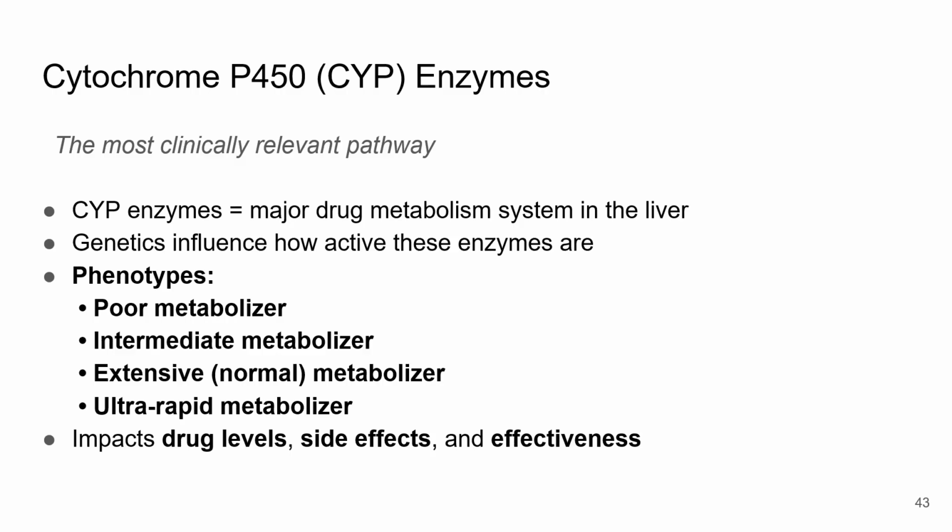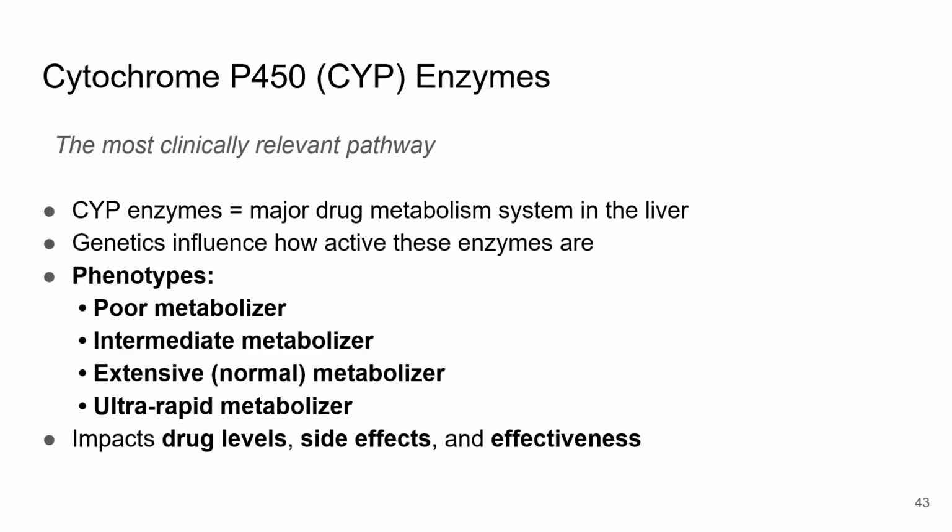A poor metabolizer has very low enzyme activity. They break down drugs slowly, which can lead to higher drug levels and increased risk of side effects or toxicity. Intermediate metabolizers have reduced activity, somewhere between poor and normal.